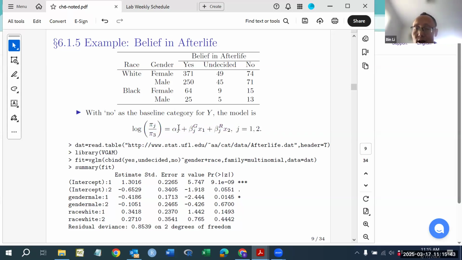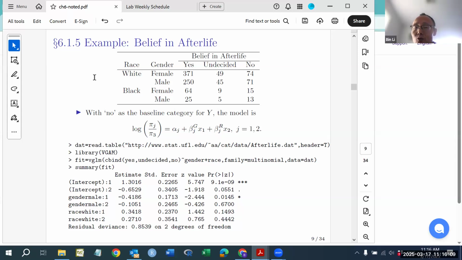So alpha j, with j from 1 to 2. 1 is for the yes group, 2 is for the undecided. That's the intercept. Beta j G is for the gender effects. Beta j R is for the race effect.